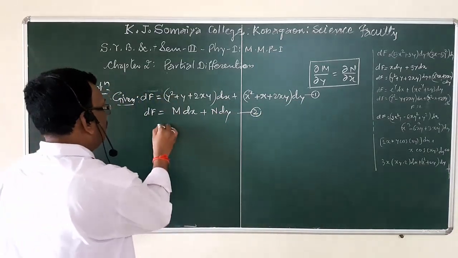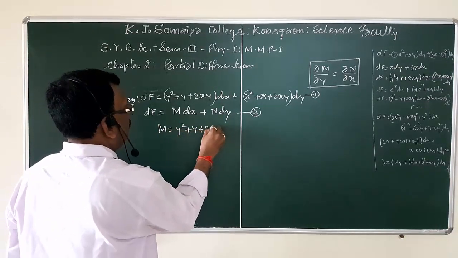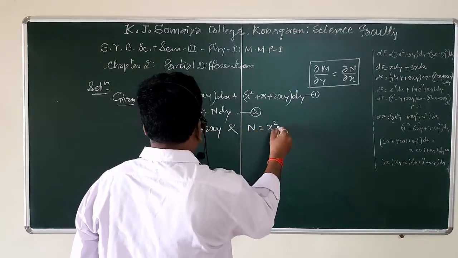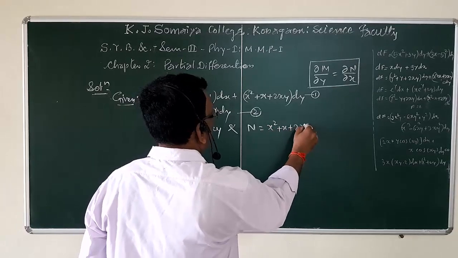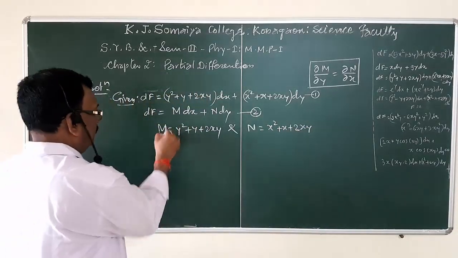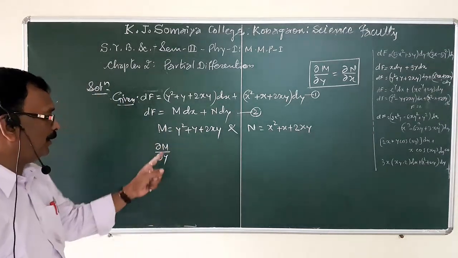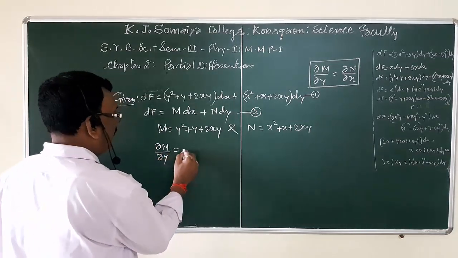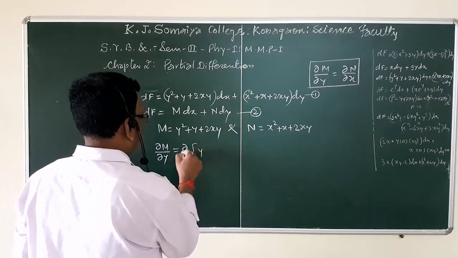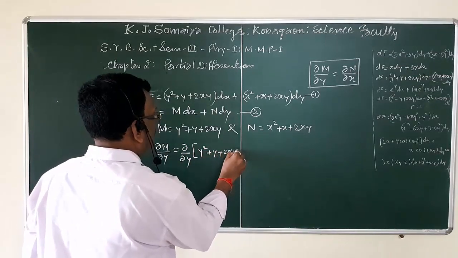Comparison gives us m is equal to y square plus y plus 2xy and n is equal to x square plus x plus 2xy. Again, differentiate this m with respect to y. We have ∂m/∂y, which is equal to ∂/∂y of m, where the value of m is y square plus y plus 2xy.